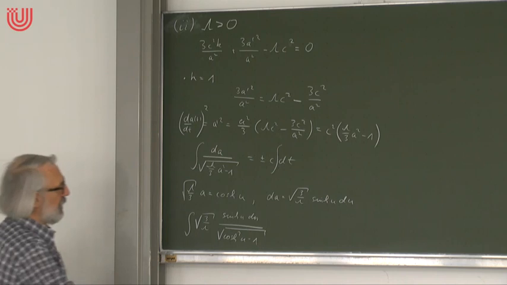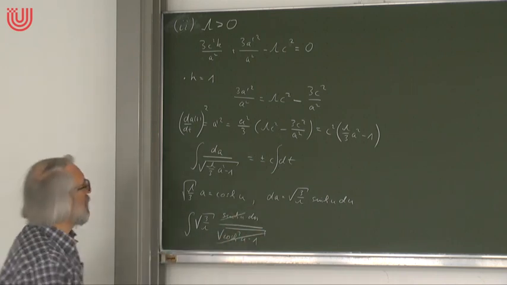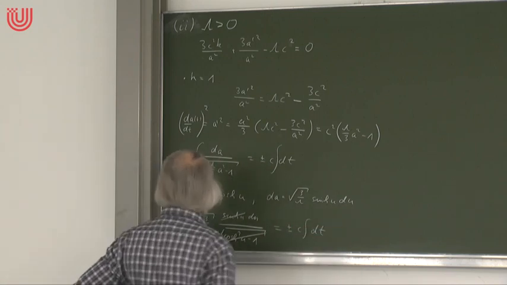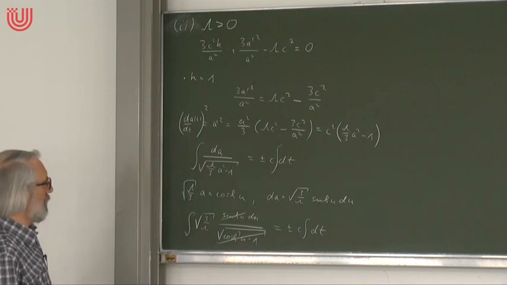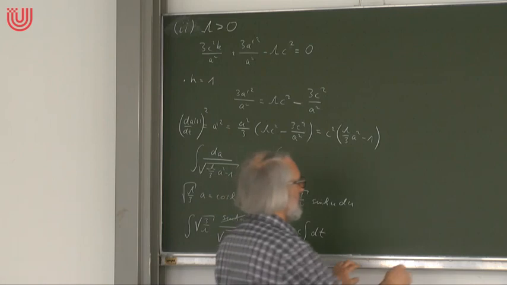You see that's very nice, because this is precisely the sinh, so this goes away. On the right-hand side, I have just plus or minus c integral dt. And I can integrate this equation, because everything is constant under the integral.